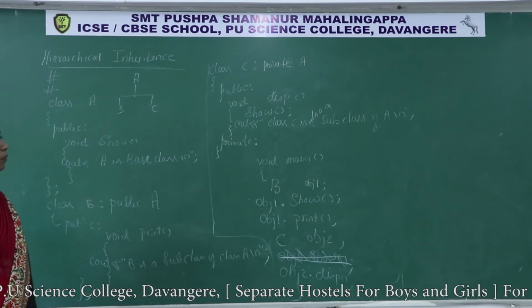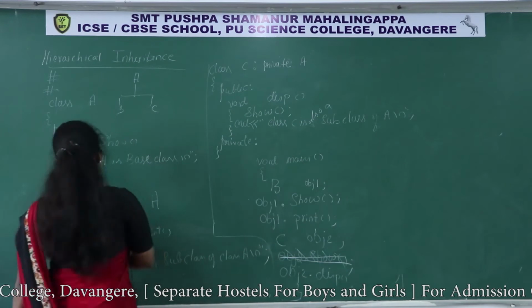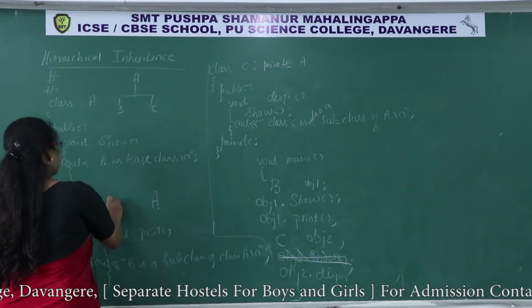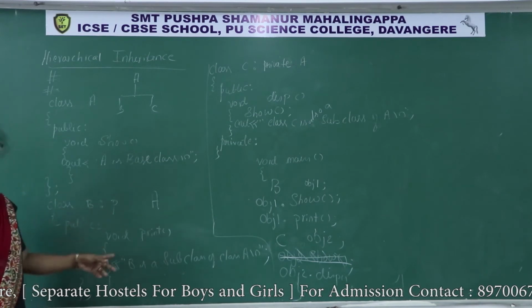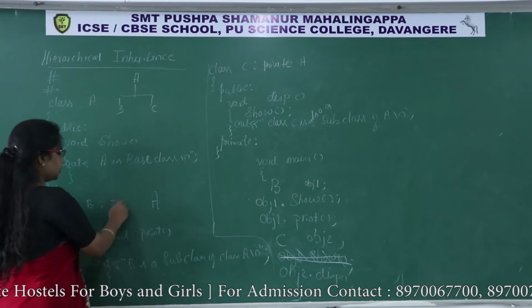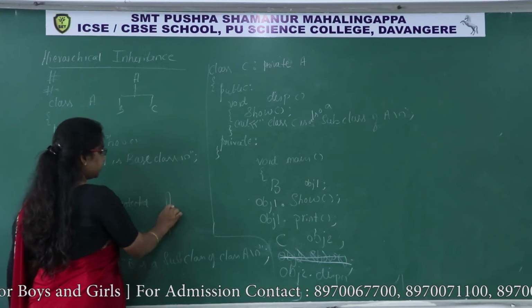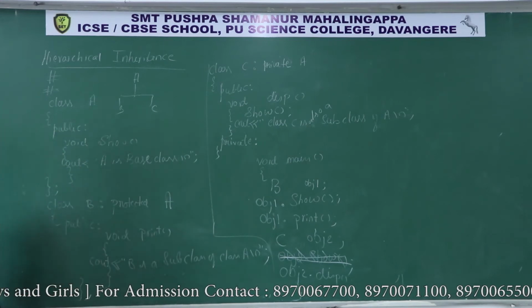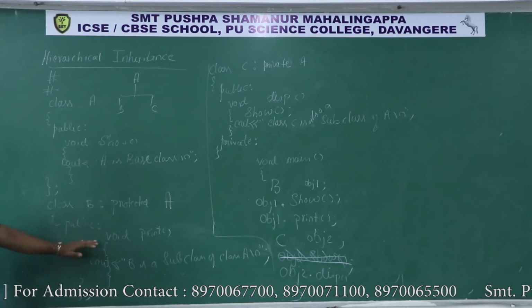private mode and also public mode. If it would be protected mode, if I take it here, I am doing these changes in the same program. I hope you are understanding. Protected. If I take protected mode here, now base class public members are inherited to the protected section.